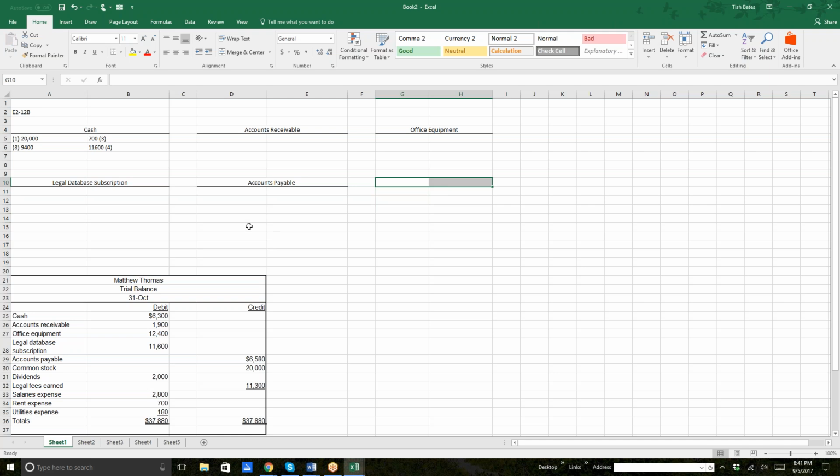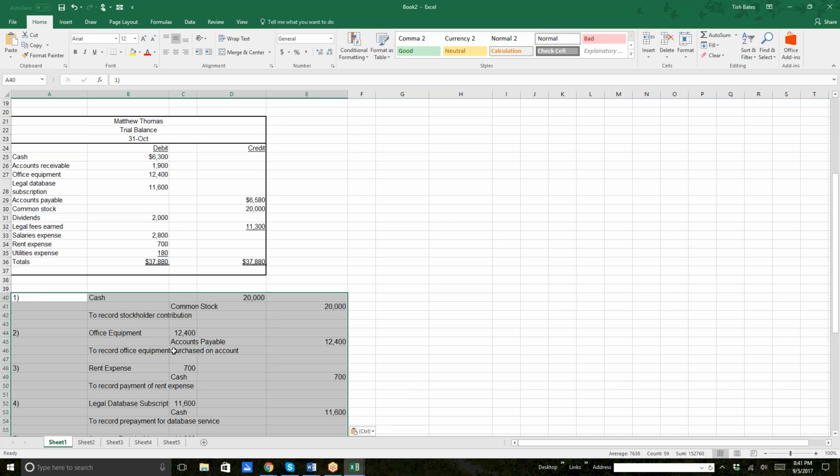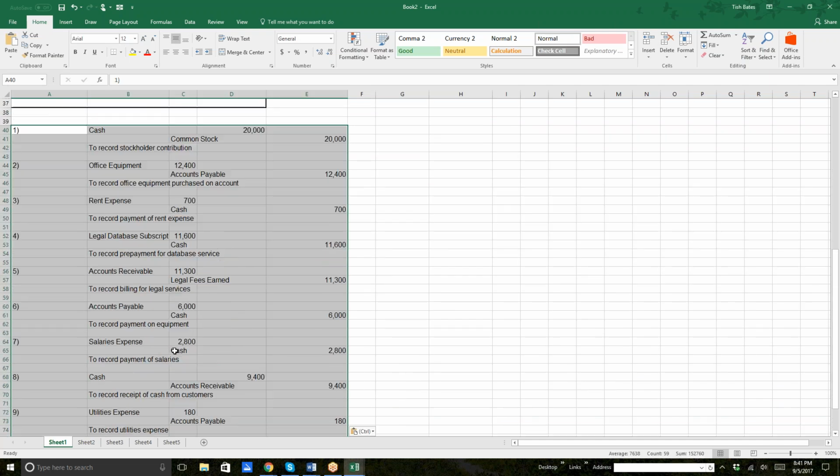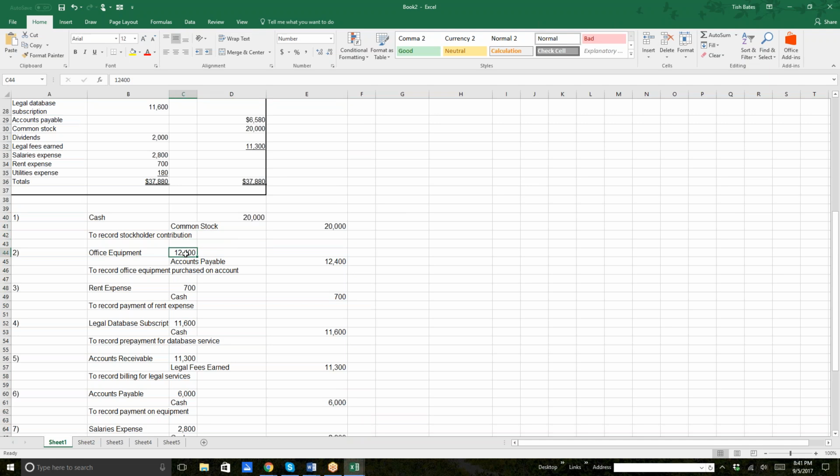So when you do a journal entry, for instance, here was the journal entry that went with this. If I just copy that here, here's what it copies and pastes like, which is terrible. I would move this here.